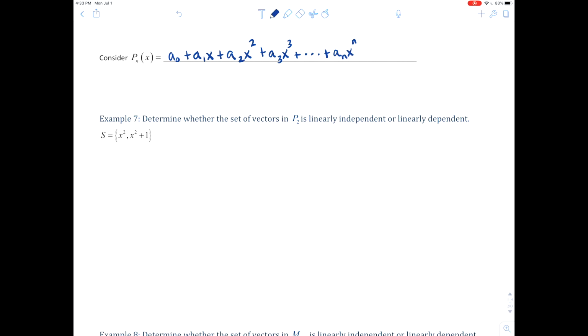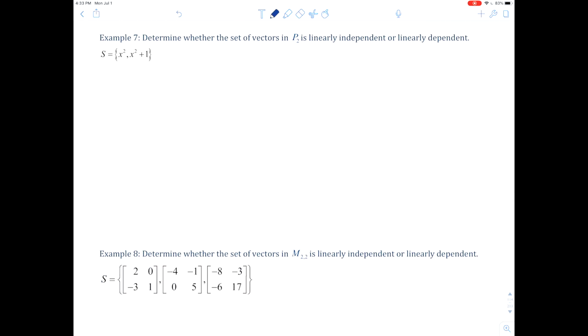Cool so far? For example, P sub 2 of x is all polynomials of degree less than or equal to 2. So you get a0 plus a1x plus a2x squared.